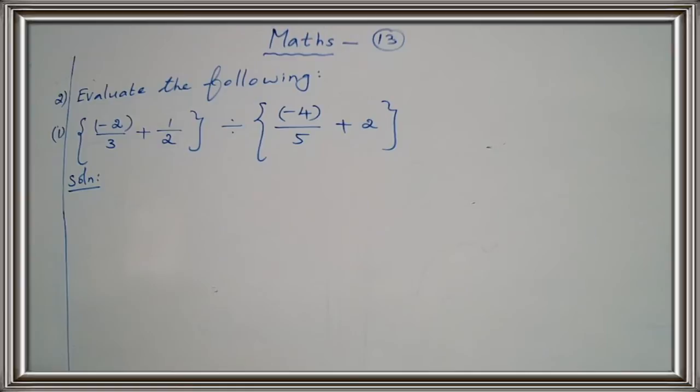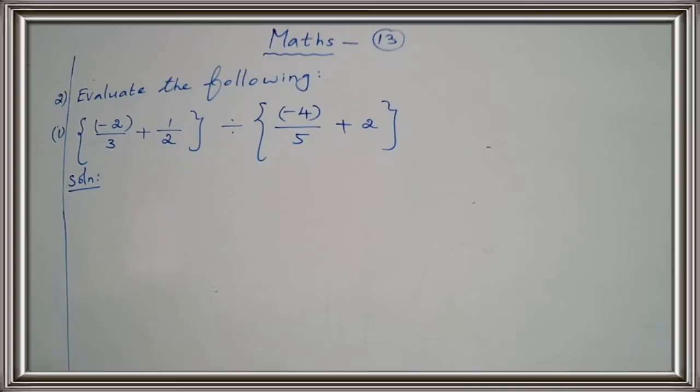Whenever there are more than one operations, we use the BODMAS rule. Yes, children? Do you remember? Whenever there are more than one operations, we use the BODMAS rule. B stands for bracket, O for of, D for division, M for multiplication, A for addition, S for subtraction.